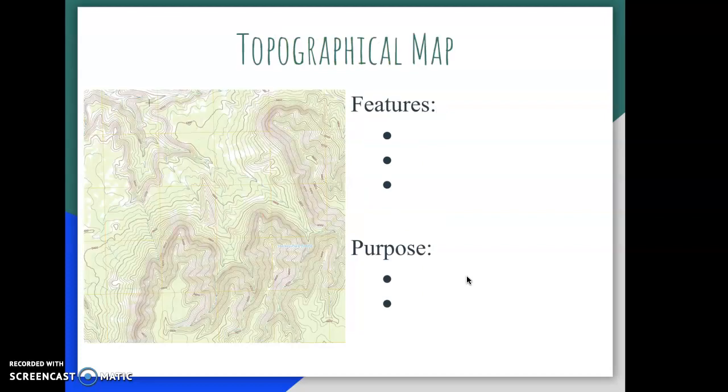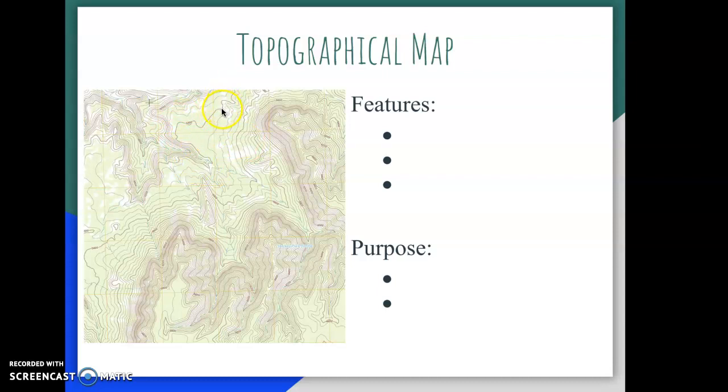Next is a topographical map. This one looks quite different than the other ones. Again, go ahead and pause. But some features here are we have peaks and valleys. We also have elevation, and the elevation is shown by these contour lines. So these are called contour lines.